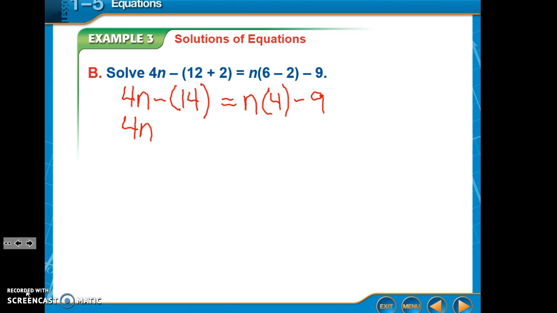Or just minus 14? And then how can I rewrite this n with a 4 in parentheses? Or 4n? The math teacher only wants the constant always, the coefficient always first.